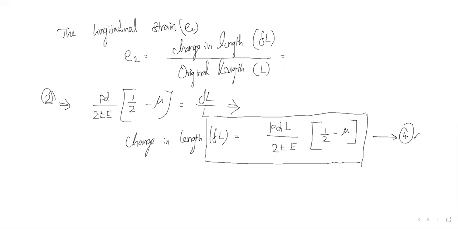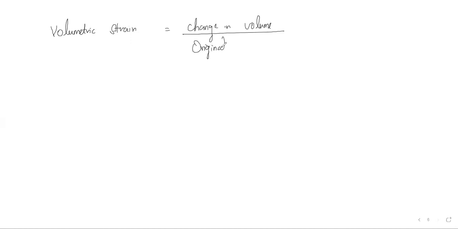Okay. Next, I have to go for volumetric strain. So volumetric strain is nothing but the change in volume by original volume. So volumetric strain is equal to change in volume divided by original volume.